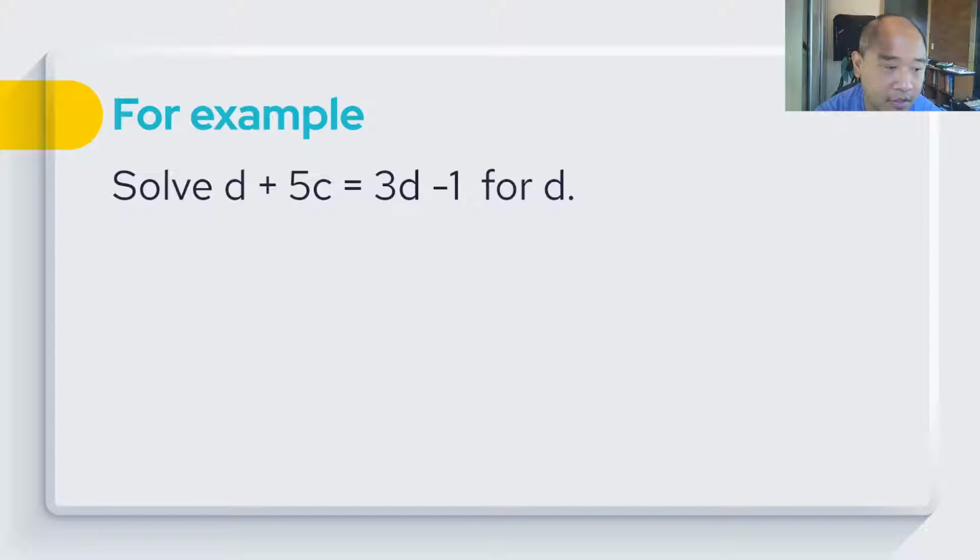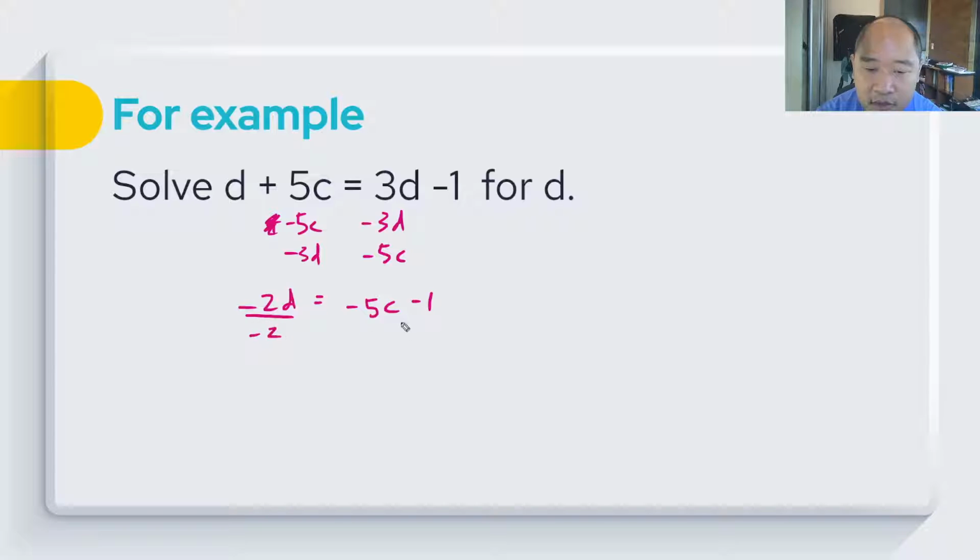Why don't you go ahead and do this one? Okay. So we can subtract 5c and 3d from both sides to get negative 2d equals negative 5c minus 1.